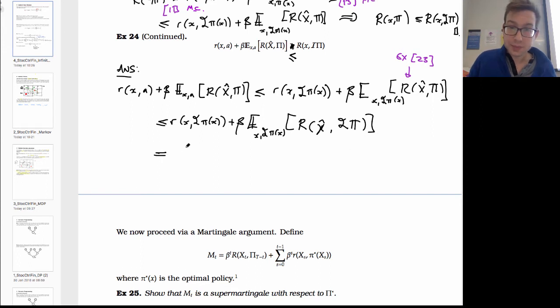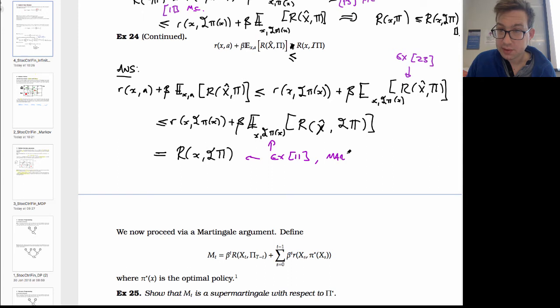So this is really just the reward from starting at state X and following the improved policy. Or alternatively, you can note that this is just exercise 11 from the Markov chain notes. So that step from here to here, formally speaking, is exercise 11 from the Markov chain notes.